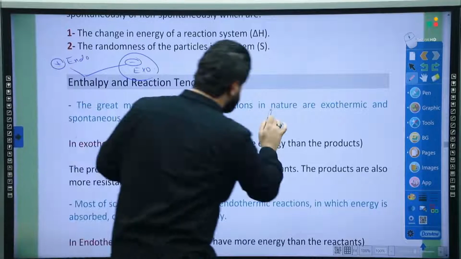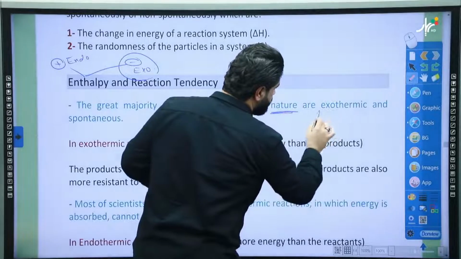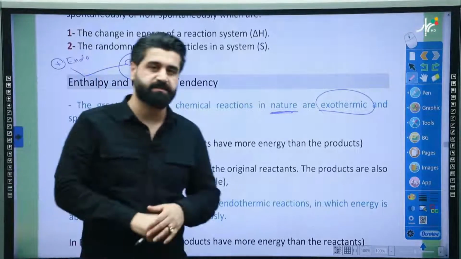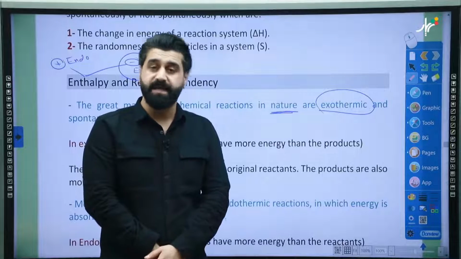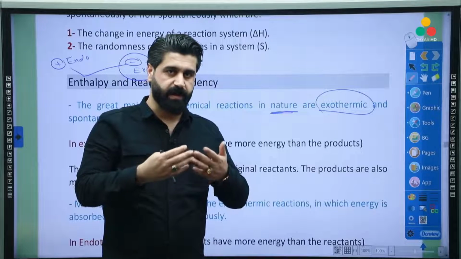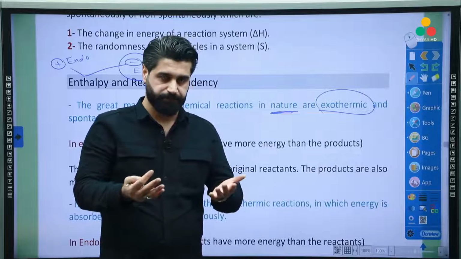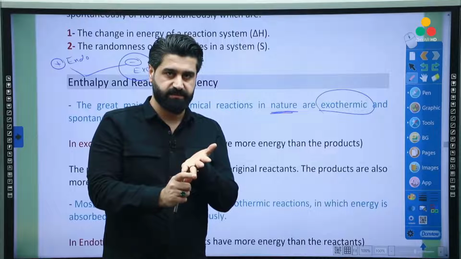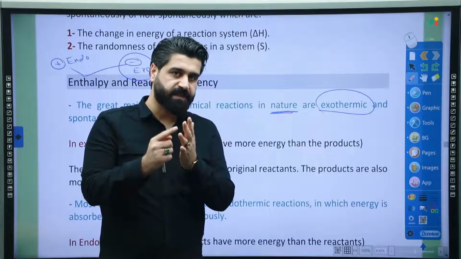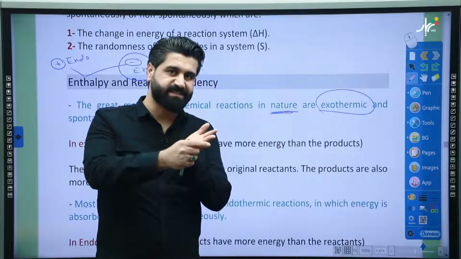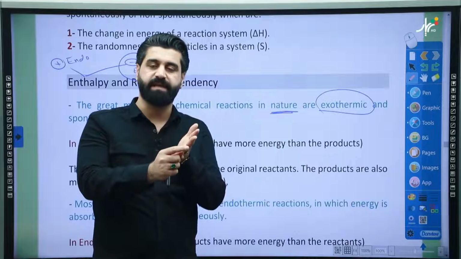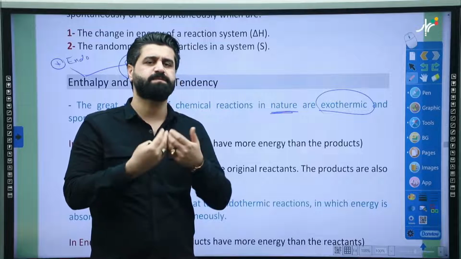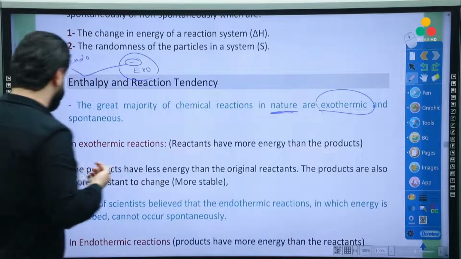Reactions in nature like to be exothermic. If a reaction is exothermic, it will be spontaneous. Negative is spontaneous. So a positive value will be non-spontaneous, which is endothermic.